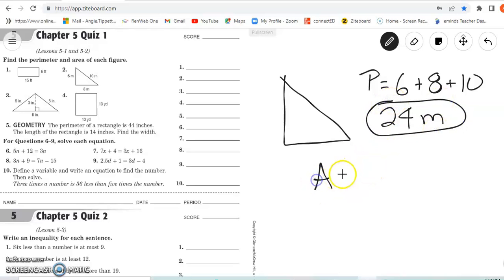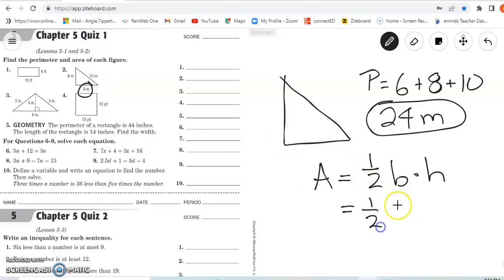The hard part for a triangle is our area. Remember, it is 1/2 base times height. So we have to find our base, which is going to be our 8 over here. So we have 1/2 of 8 times our height, which if we look again, that's our 6, right?